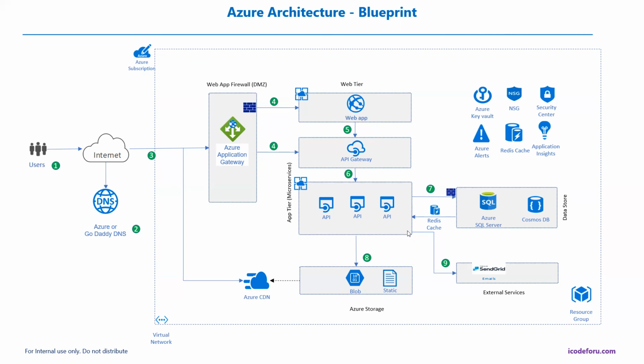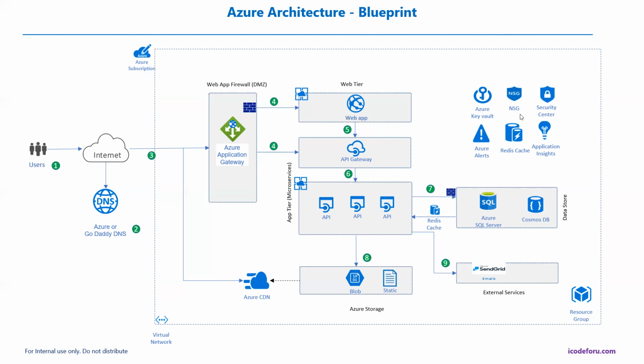Finally, my app service will also be calling external services. That is shown in step 9. In this case, I'm having SendGrid, or you can have some other external web APIs, external services, or legacy services called from the app tier. Apart from this, I will also be using Azure Key Vault for storing the keys securely, network security groups for firewalls, Security Center, Application Insights, and Azure alerts.